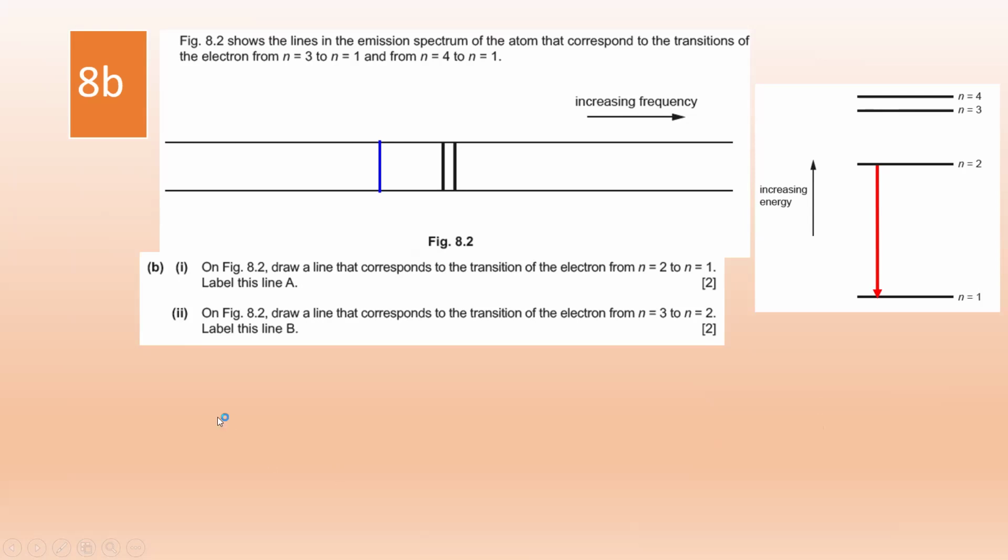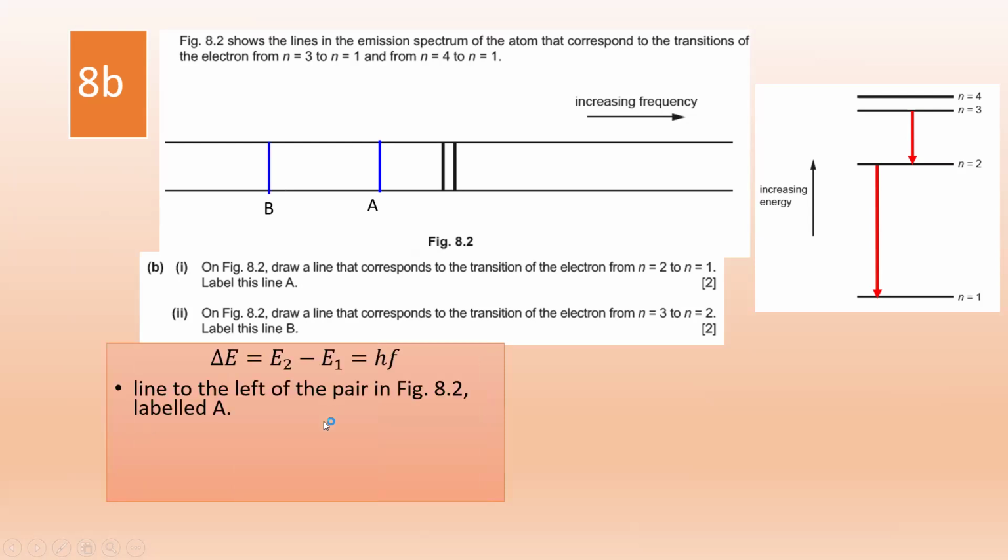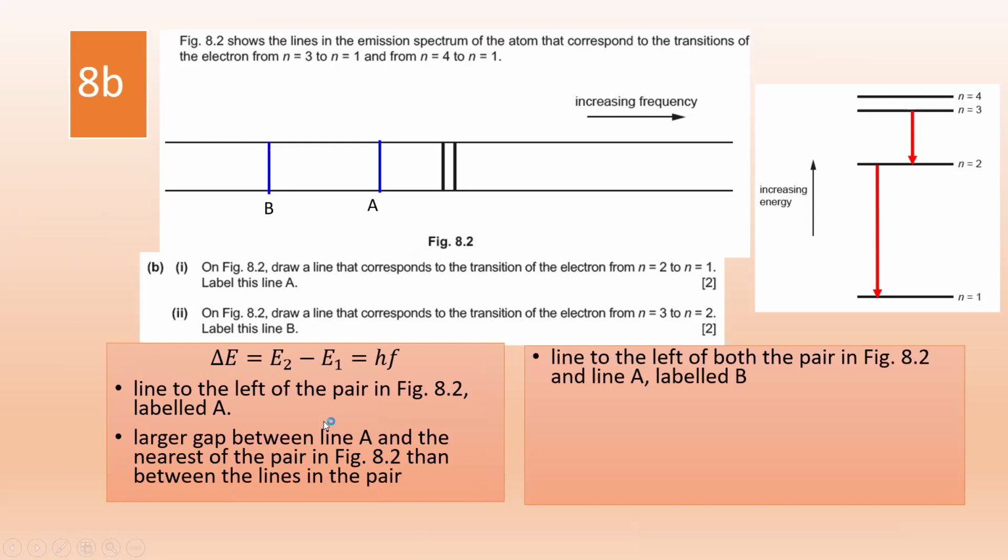On figure 8.2, draw a line that corresponds to transition of electron from N3 to N2. N3 to N2, distant there, that distant there. Right? Smaller frequency, so it's far away. There's B. That's what the marking scheme will say, how you get the mark.